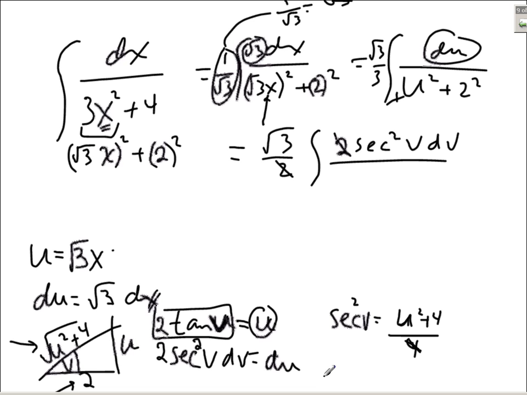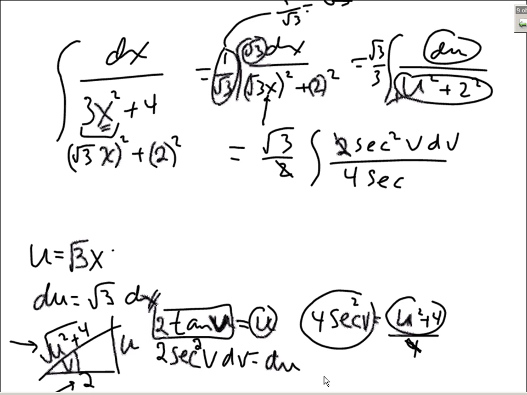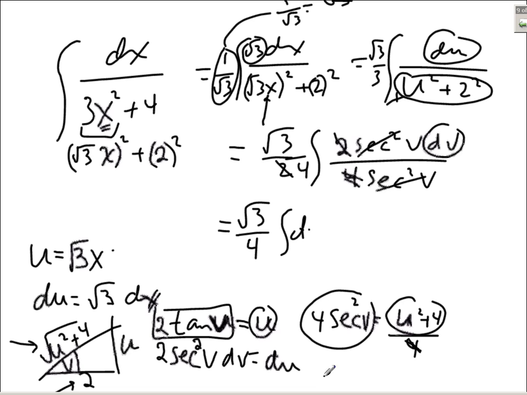If I bring the 4 over, since I have it plus 4, I can write 4 secant squared v. I'll bring the 4 out. And what do you know? Cancel. So then I get square root of 3 over 3 times 2 over 4, and all that was dv. And the integral of dv is just v plus the constant.